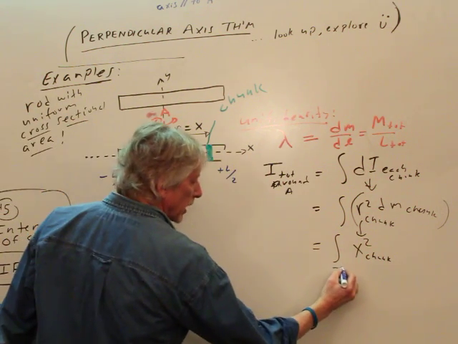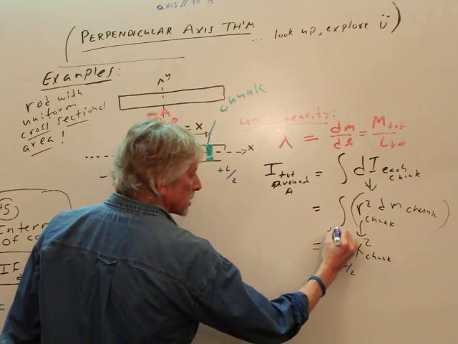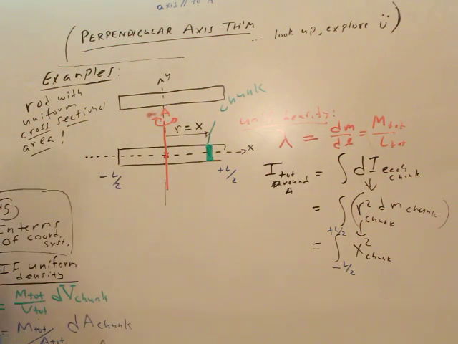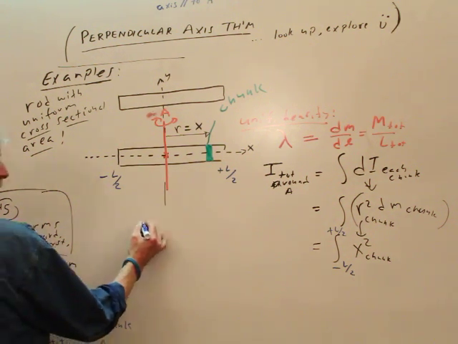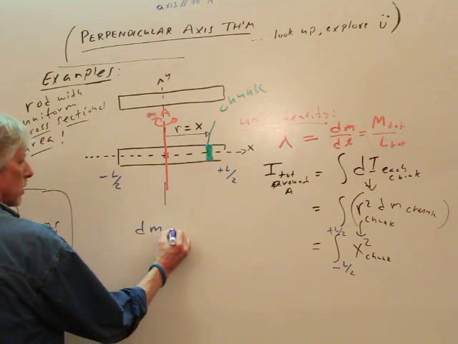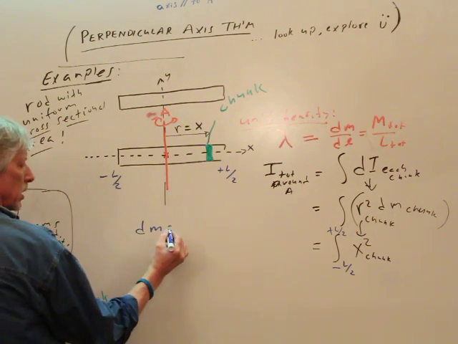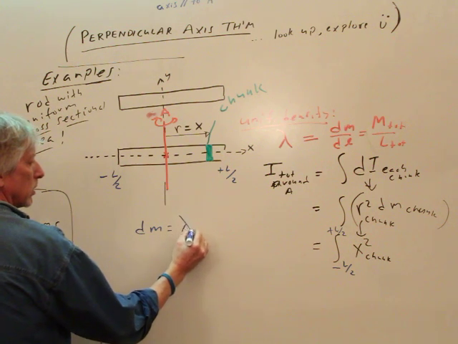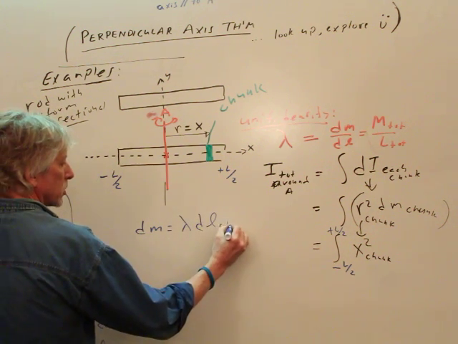So that's my integral, negative L over 2 to positive L over 2. All right, cool. Got that part. Now I need dm. So let me just do that over here. dm is equal to lambda dl of the chunk.